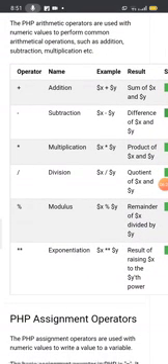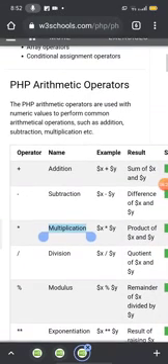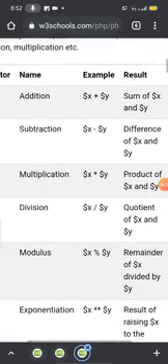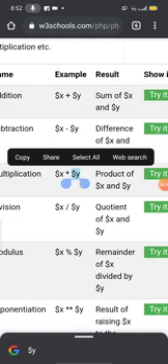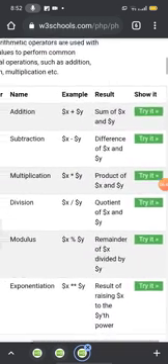Let us see another arithmetic operator, that is multiplication. For this you use the star sign. Can you see over here, the star sign? This is the star sign for multiplication. $x star $y, when your star sign is used, you can use it on the keyboard. That will provide you the product of $x and $y.